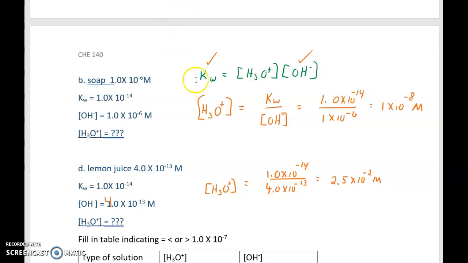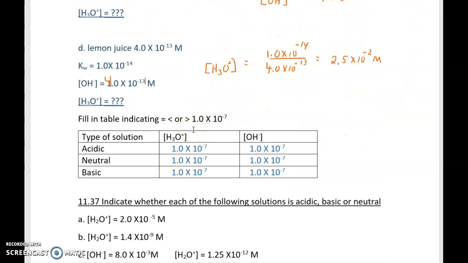Okay, so let's see how these hydronium concentrations affect whether things are acidic or basic. You would expect that if things are going to be acidic, they're going to have lots of hydronium, and that's true. If the hydrogen ion concentration is greater than 1 times 10 to the minus 7th, then it's acidic.